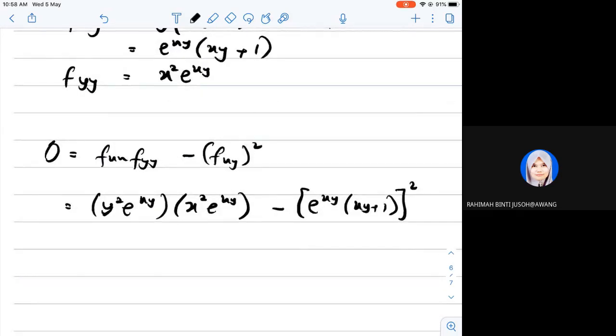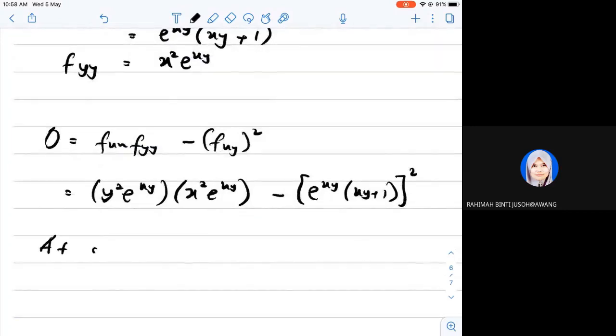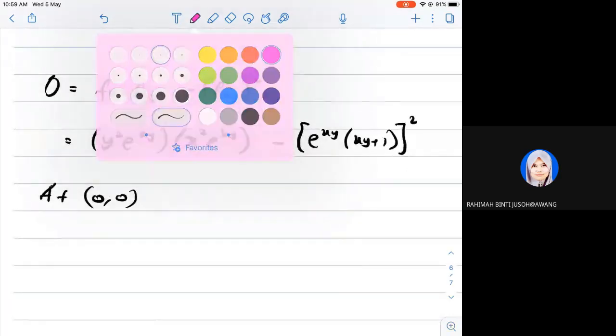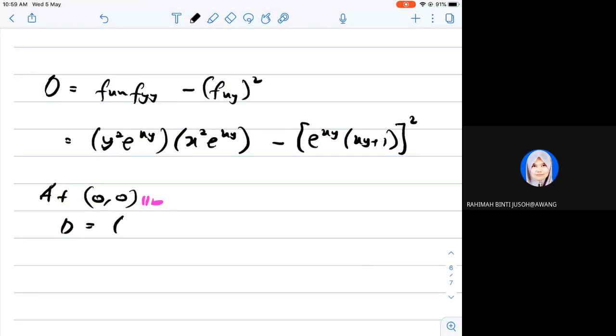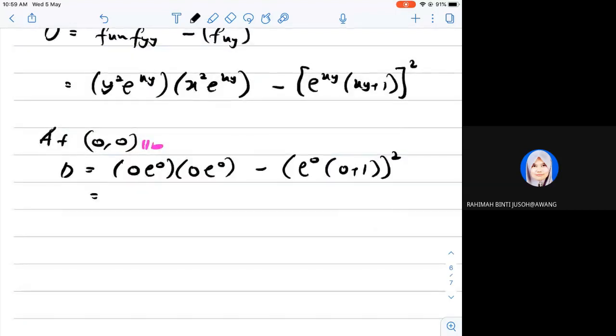So now at 0, 0, kan critical point kita 0, 0 tadi. Substitute dalam D ni. Of course lah, y squared 0 darab exponent 0, 0 lah. Exponent 0, 1 kan. So darab 0, 0 lah, ni pun sama. Minus exponent 0, 0 plus 1. Kuasa 2. Like that. So we have, this is 0 minus 1. Kan, exponent 0 kan 1. So we get negative 1.